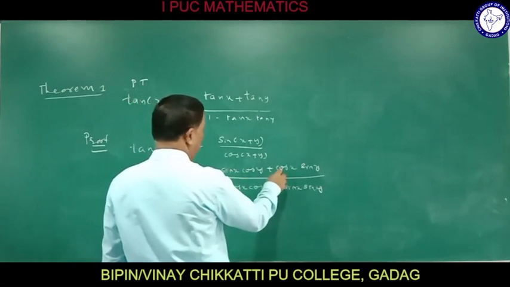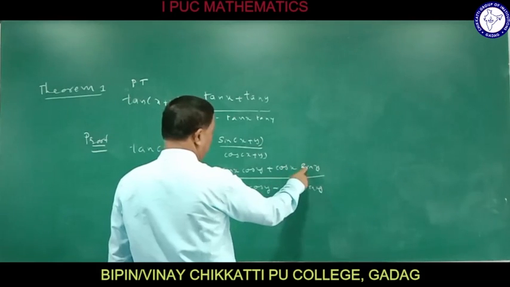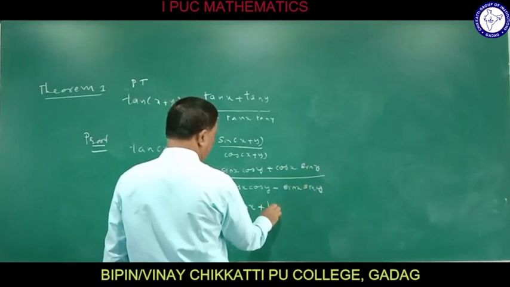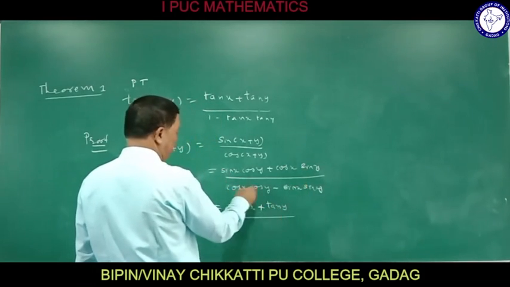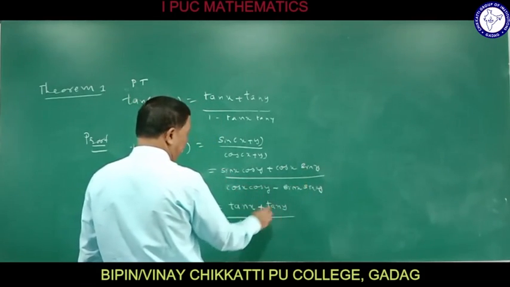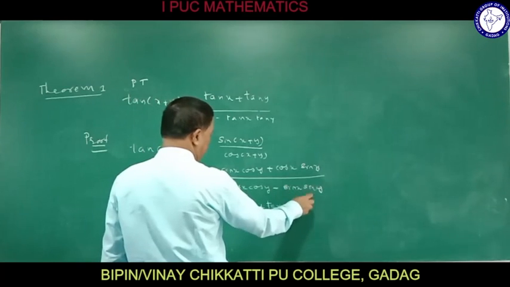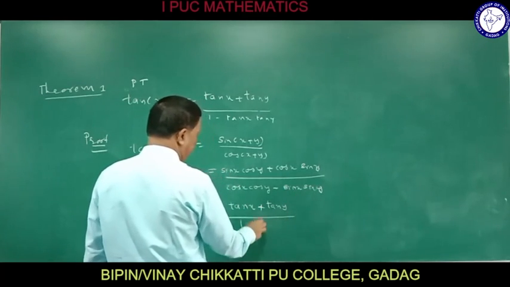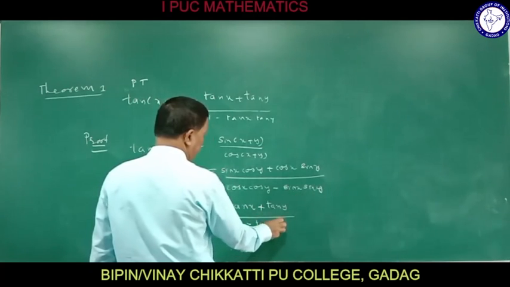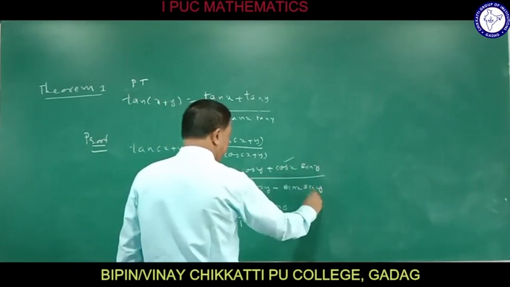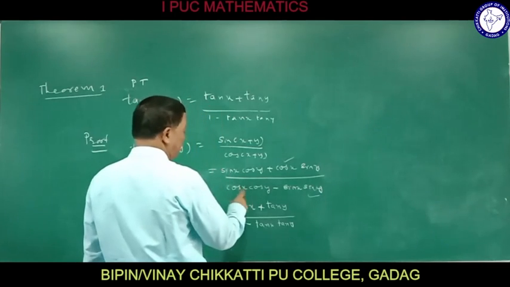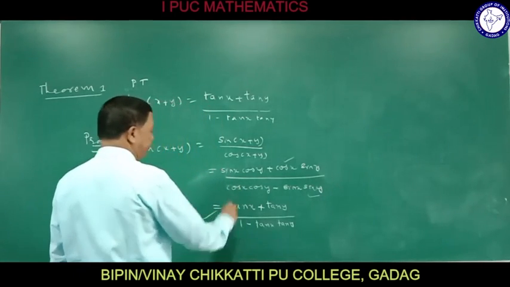Plus, cos x cancels, sin y divided by cos y, that is tan y. Divided by, dividing by cos x cos y means it is 1, and sin x sin y by cos x cos y, so we can write tan x and tan y. When the numerator and denominator are divided by cos x cos y, this is the result.